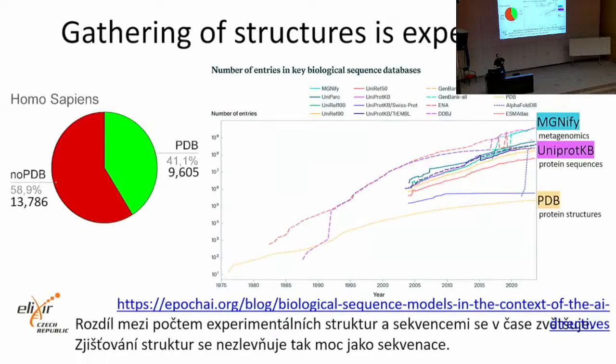The problem is that gathering the structure experimentally is still quite expensive. This image on the left takes the proteins from the human proteome which have at least some part of the protein in the Protein Data Bank.